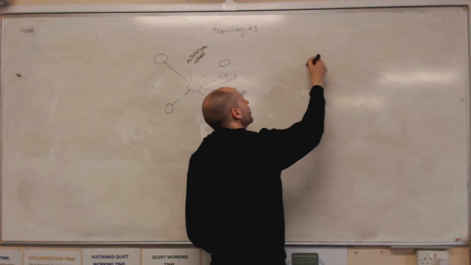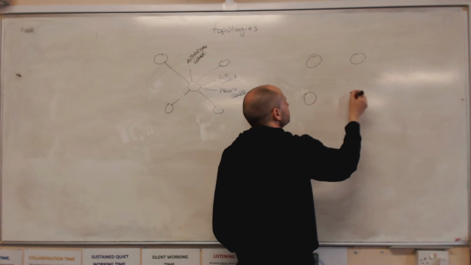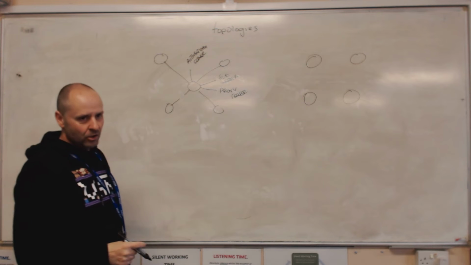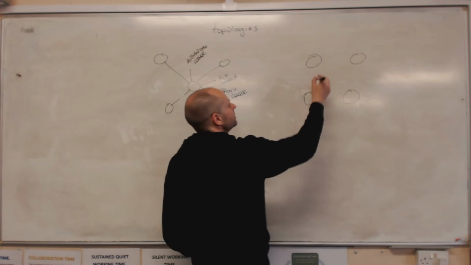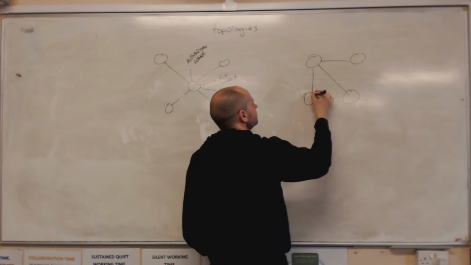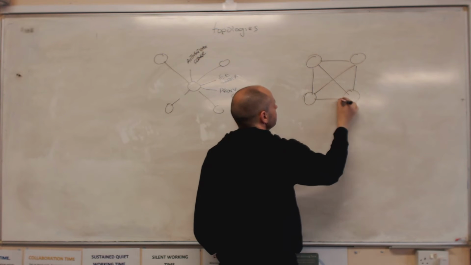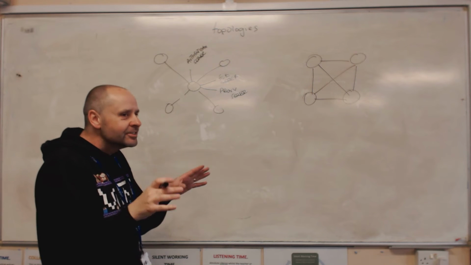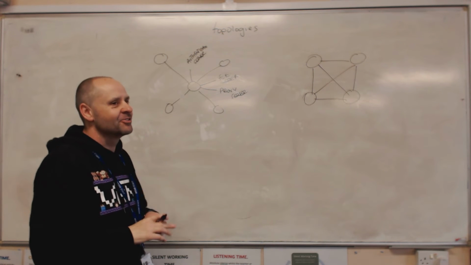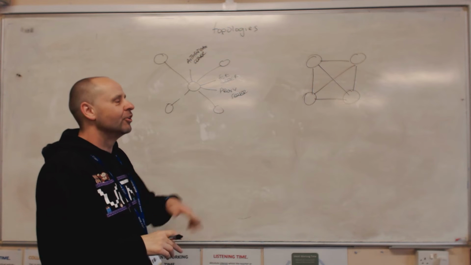The mesh network. In a true mesh network, all devices are connected to each other. Don't put loads of devices on a diagram if you get asked to draw one, because it'll make it more complicated to draw.